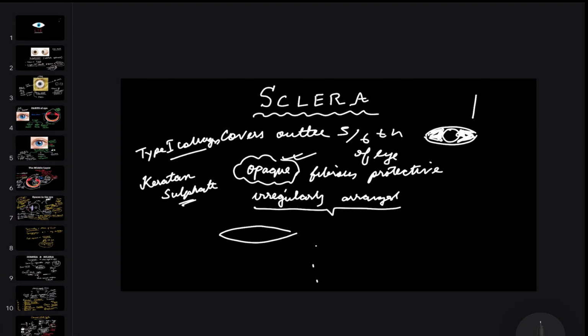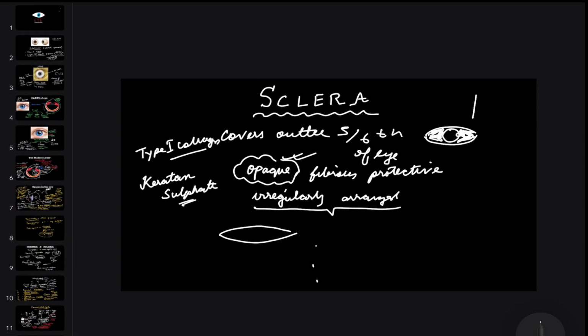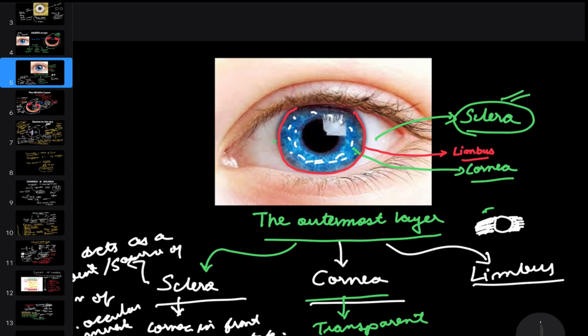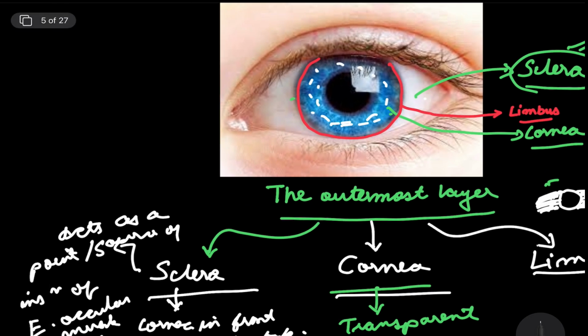Let's go back to that basic picture of the eye over here. You can see that this entire portion is cornea. Obviously, you cannot see the cornea, because the cornea is transparent. What you can see is the iris. The blue colored portion is the iris, which is within the middle layer of the eye.